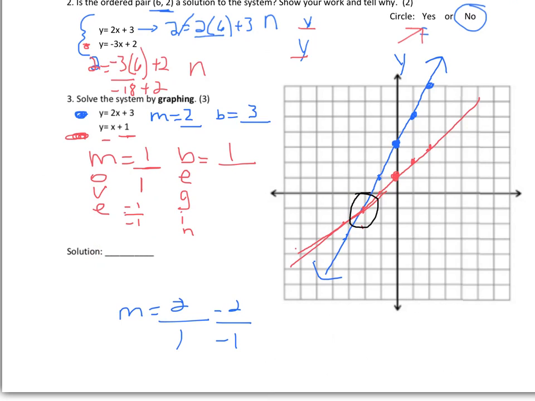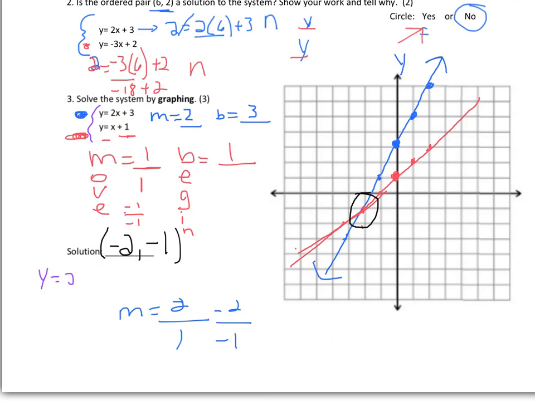So negative 2, negative 1. And we can certainly plug those numbers back in to make sure that we graphed it correctly. So I'm going to take this, change the color to purple, and I'm going to take both of these equations down here.